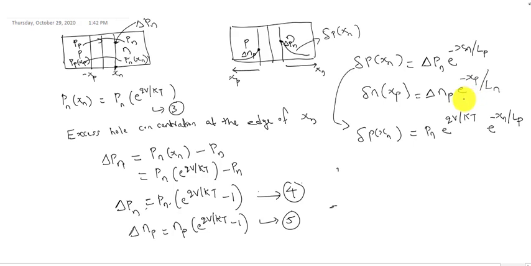Now we have the value of del P of Xn, so we can find out the value for diffusion current. The diffusion current due to holes, IP of Xn, since holes are diffusing in the n side.